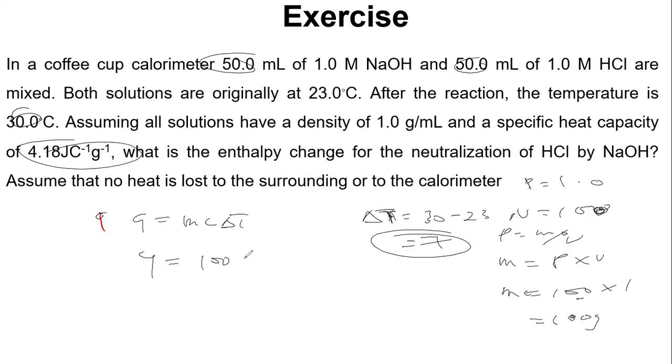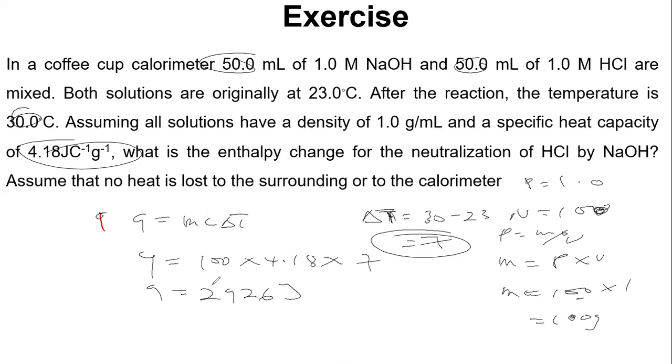It will be 100 times 4.18 times the change in temperature, which is 7. Let me punch that quickly on my calculator. 418 multiplied by 7. So that gives me Q being equal to 2926 joules. So this is the heat transfer.